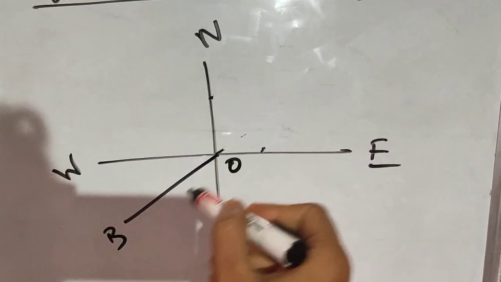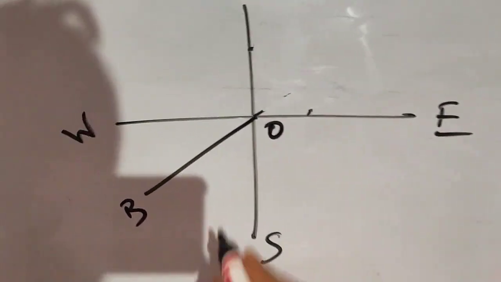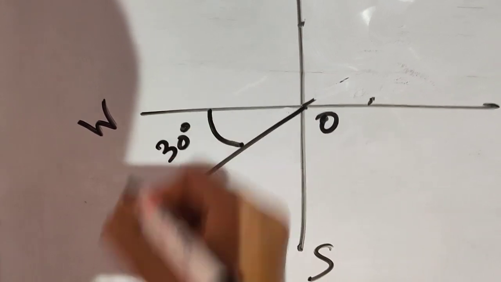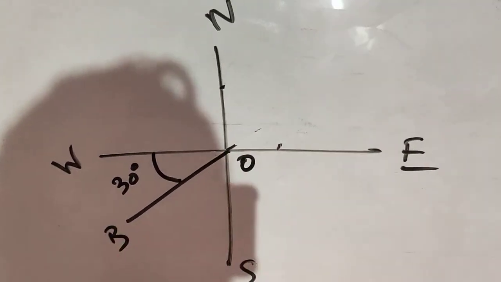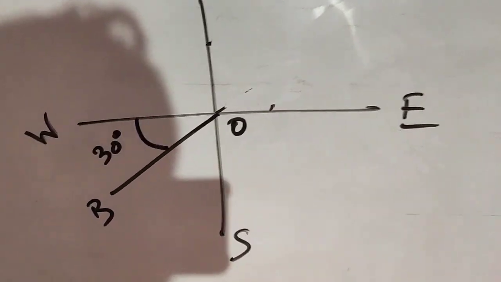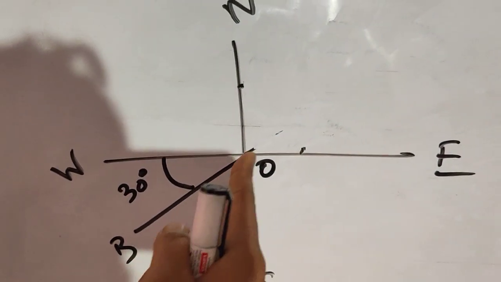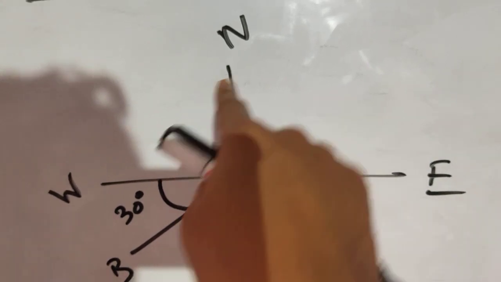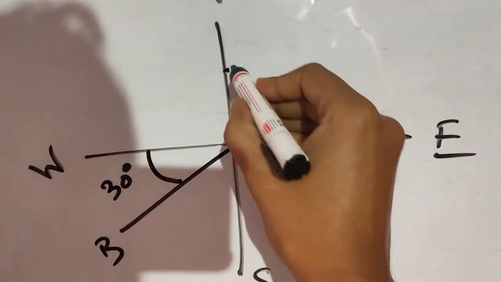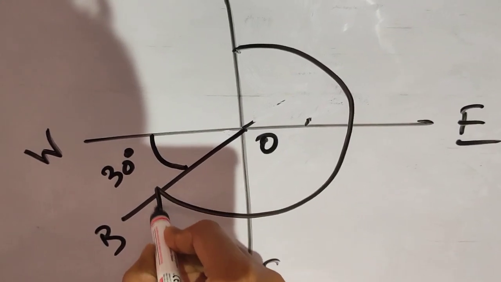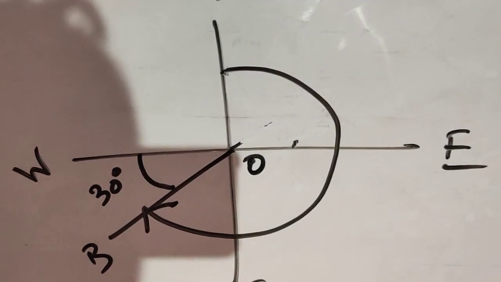Let us take another example. Suppose this line OB is in the third quadrant, and the line OB makes, suppose, 30 degrees with the west direction. So what is the bearing of this line? The bearing of this line will be the angle that this line OB makes with the north direction measured in clockwise direction. So this whole angle is the bearing of line OB.